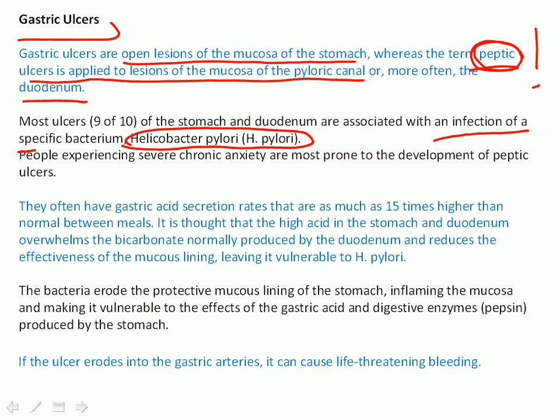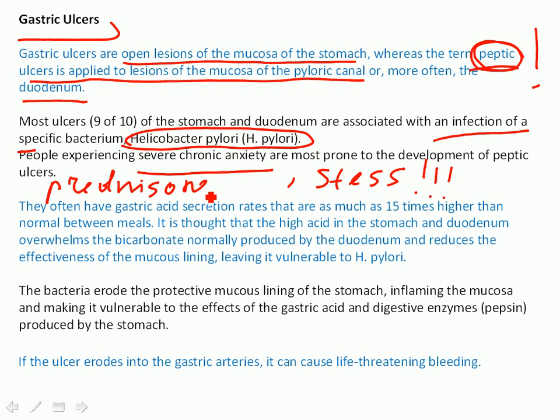But of course, Helicobacter is not the only cause of peptic ulcers. Another quite common cause is severe chronic anxiety and chronic stress, and sometimes also consumption of specific types of medications which weaken the gastric mucosal barrier, for example corticosteroids or non-steroidal anti-inflammatory drugs such as aspirin.